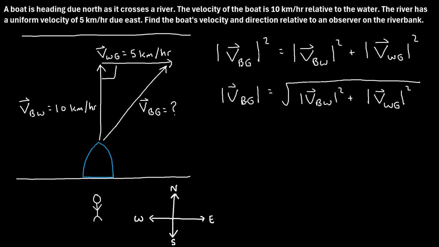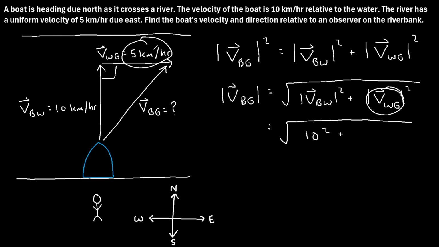So let's go ahead and fill in the values that we know. So we get the square root of this magnitude right here, we know that's 10 kilometers per hour. So we'll get 10 squared plus this magnitude right here, that's 5 kilometers per hour. So we have 5 squared. So 10 squared is 100 and 5 squared is 25.